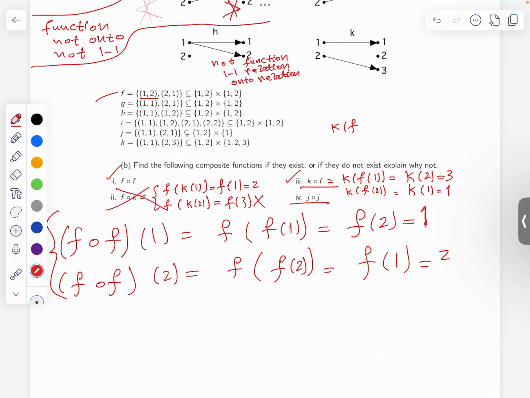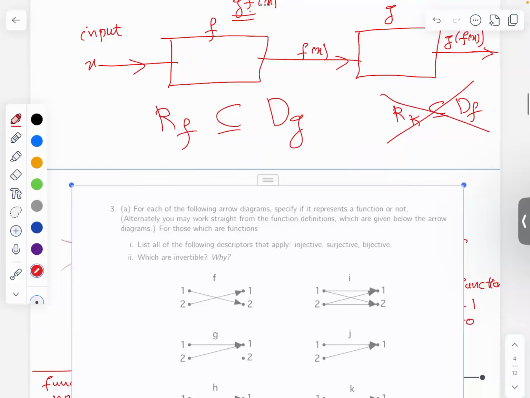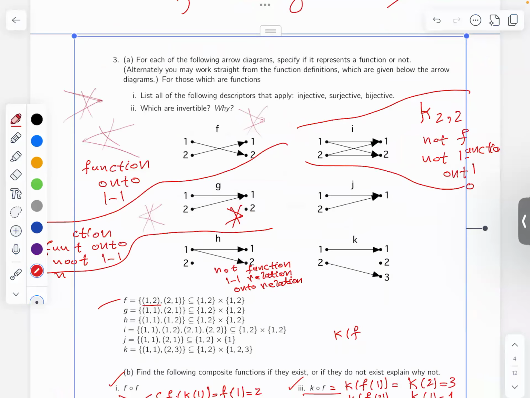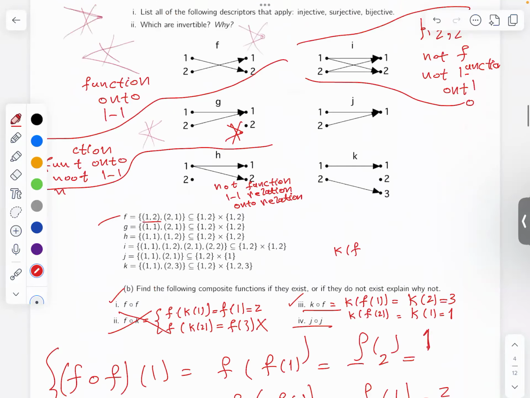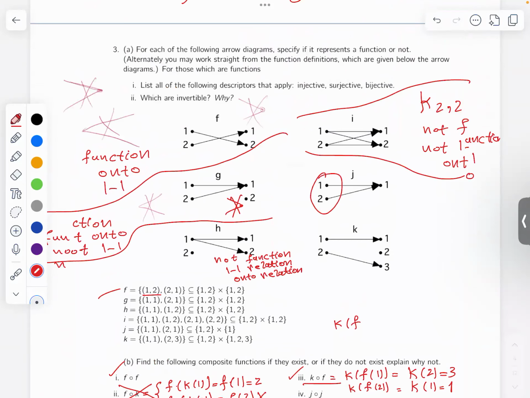Now I want to do j o j. What is the domain of j? It's 1, 2. j o j of 1 is j of j of 1, and j of 1 is 1.